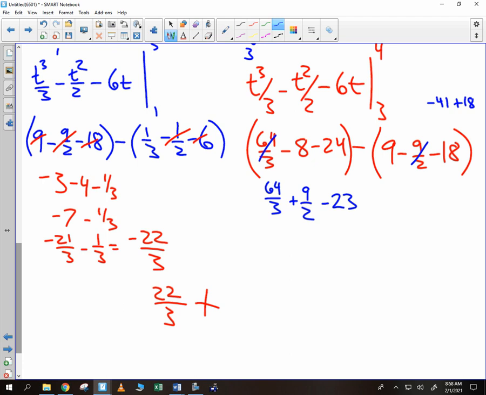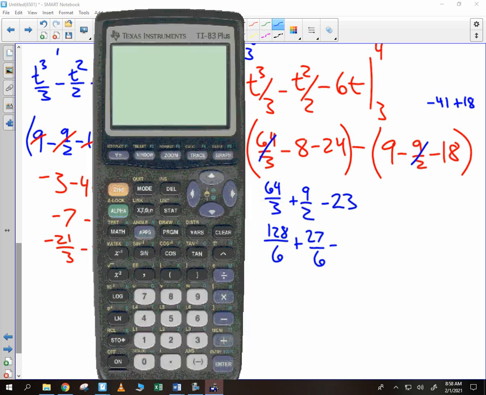Common denominator of 6. So 128 over 6 plus 27 over 6 minus 23 times 6, and I get 138.